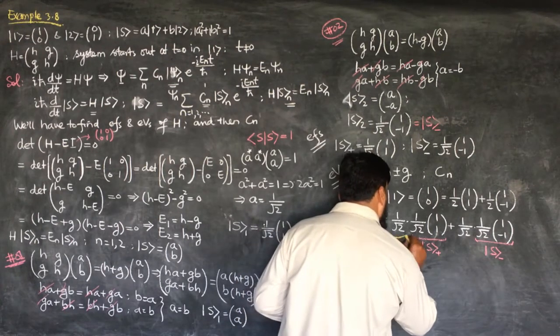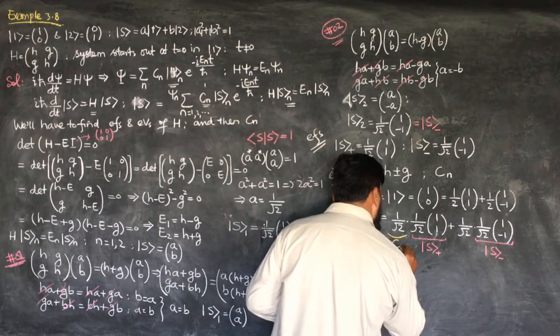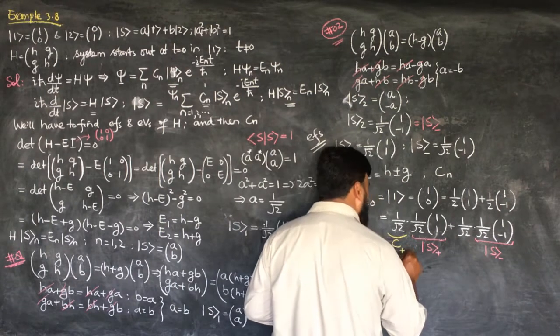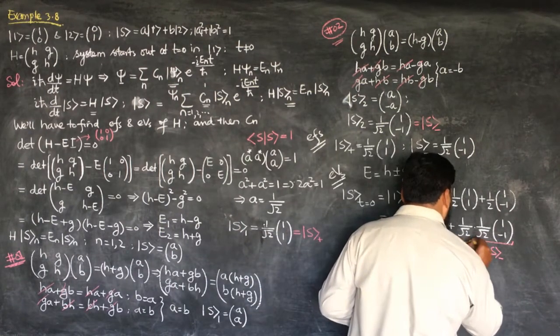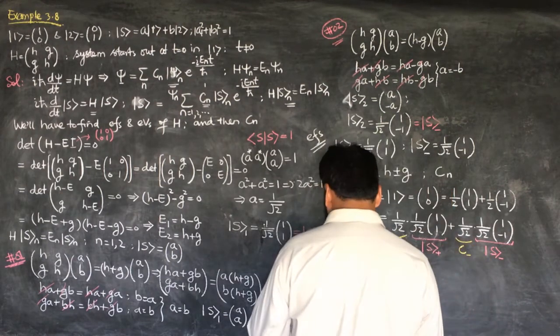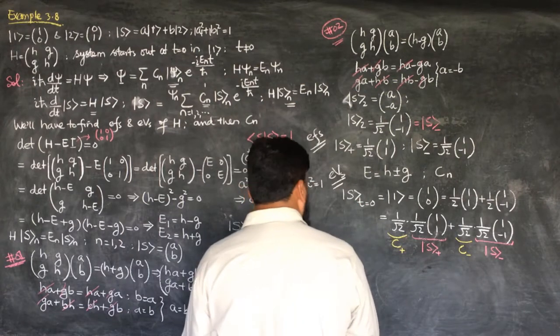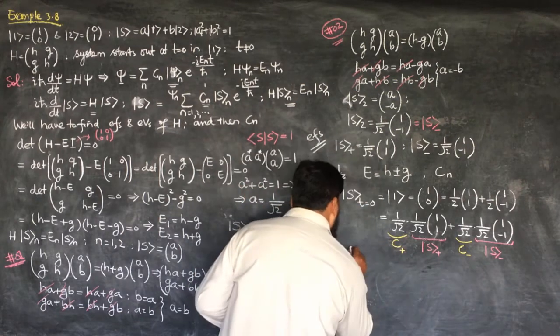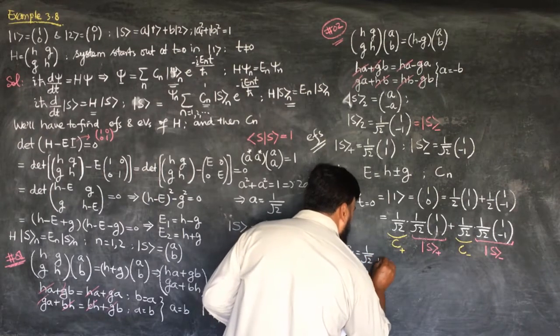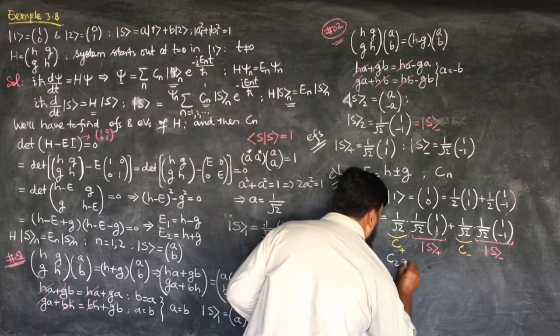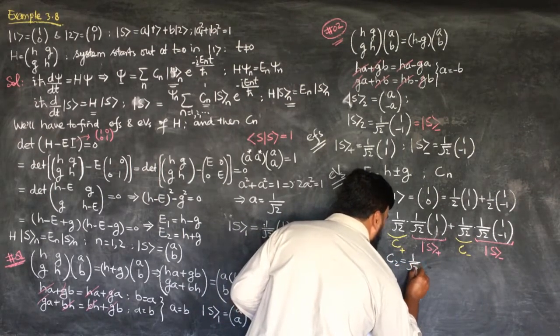So this is our Cn, which is C1 or C plus due to S plus state, and this one is our C minus or C2. So we got our C1 is 1 over square root 2 and our C2 is 1 over square root 2.